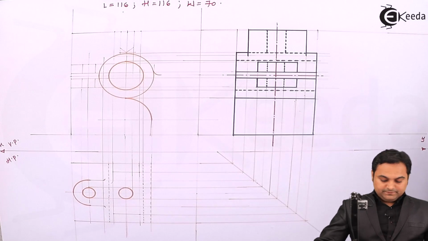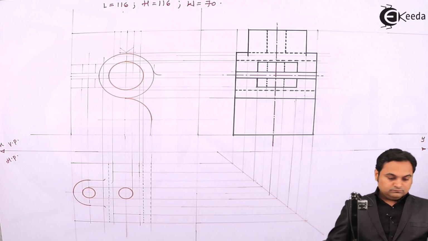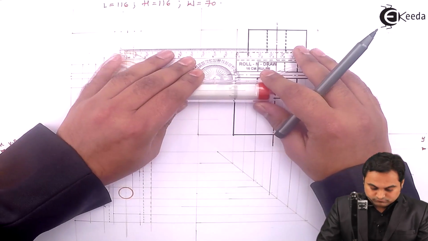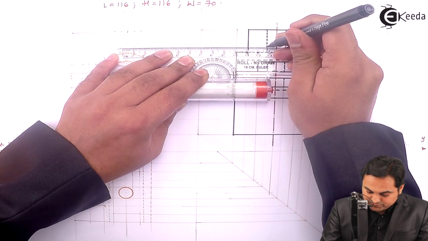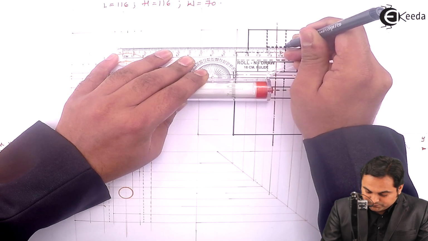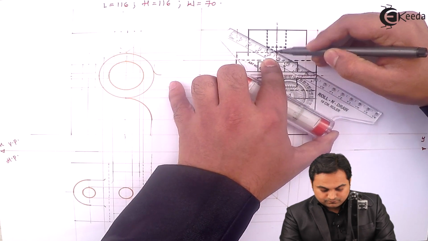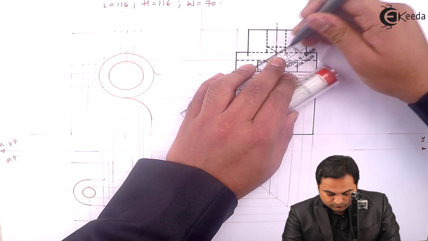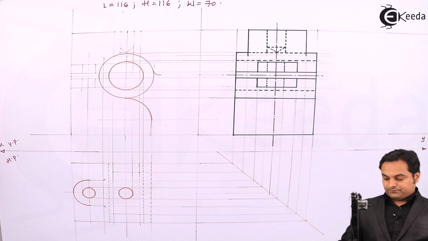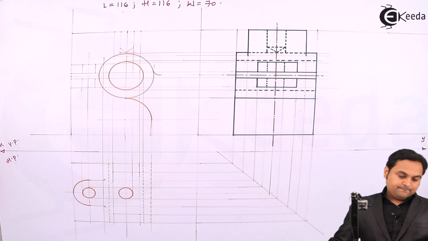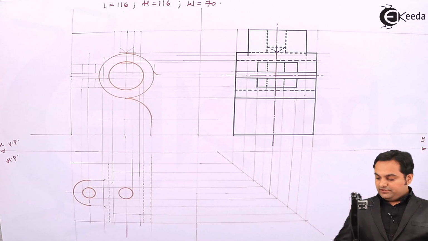This hole will be hidden. I'll draw it in this way since it is a drilled hole. So here I can say that the side view is being completed.